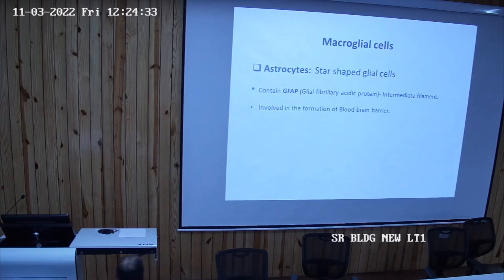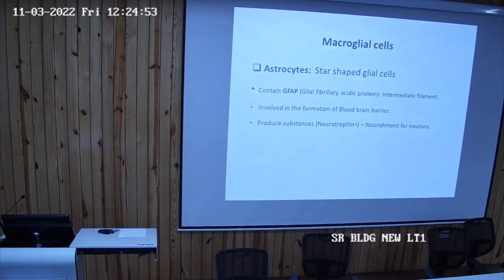So they are involved in the formation of the blood-brain barrier, and they provide nourishment and nutrition to the neuron. In that way it is very important.